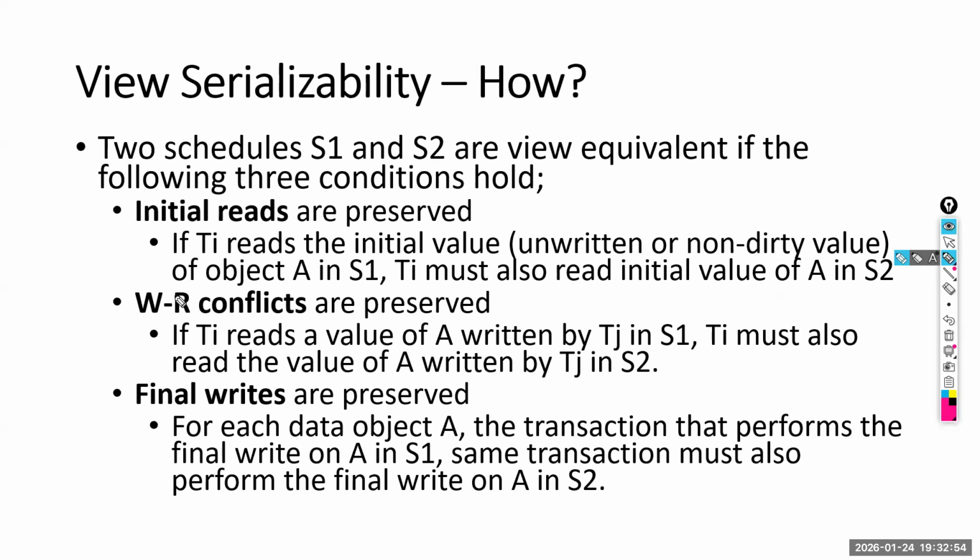That means the given schedule is not conflict serializable; only then do we need to check whether it's view serializable. Assume you find that it is view serializable to a different schedule which is conflict serializable. Then this is also serializable, because it is view equivalent to that conflict serializable schedule, even though these are two different schedules.